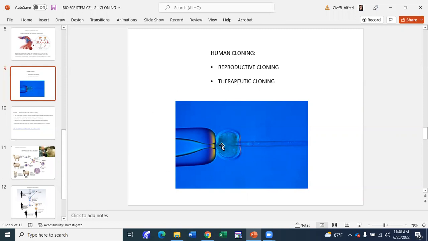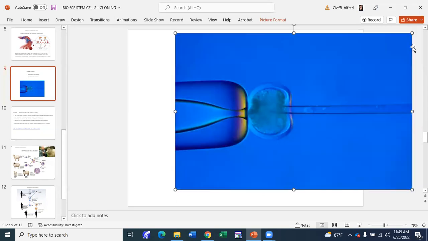And in fact, here is another micrograph. Here's that vacuum that I talked about earlier, okay? Let's just amplify this one a little bit for detail. Here's the micro syringe, the micro pipette, that little glass syringe. Here is a human ovum, or let's say it's a mammalian ovum, okay?